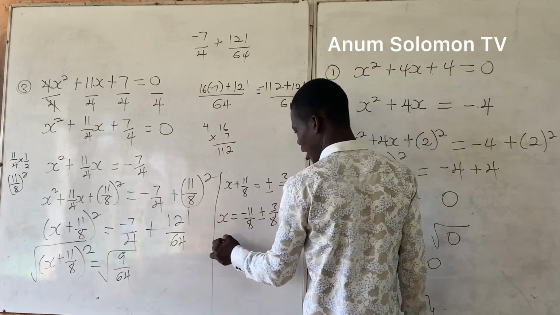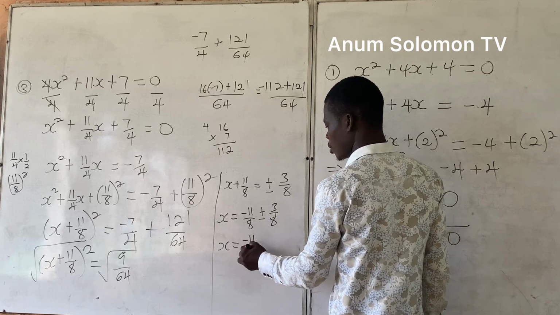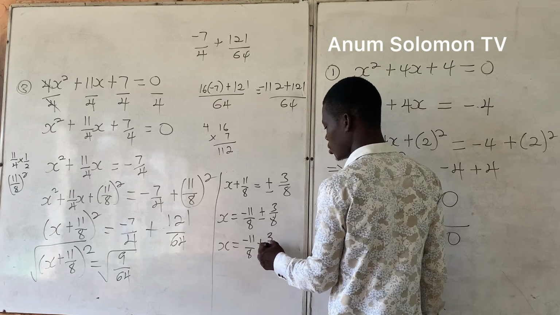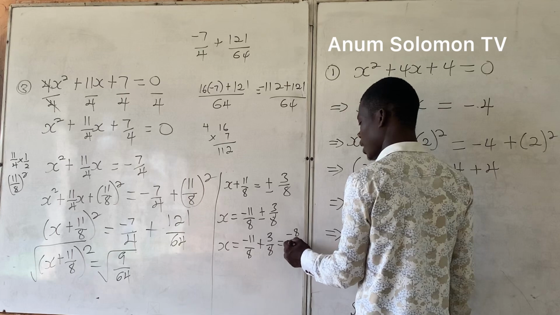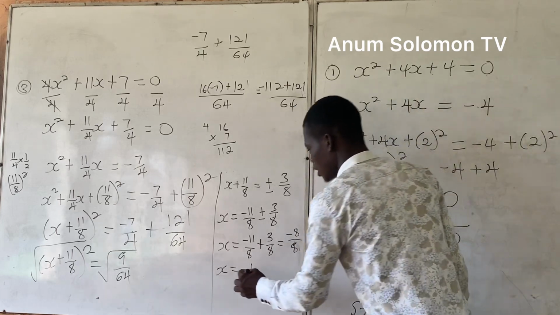So the first answer, going by the plus, minus 11 over 8 plus 3 over 8, which is equal to negative 8 over positive 8. So the first answer is s is equal to negative 1.